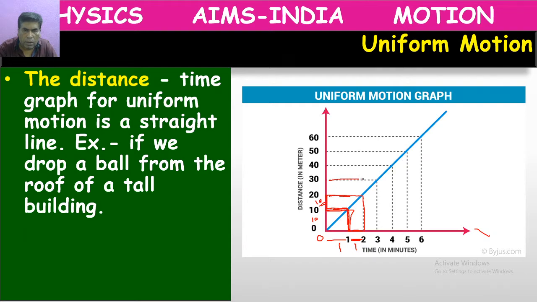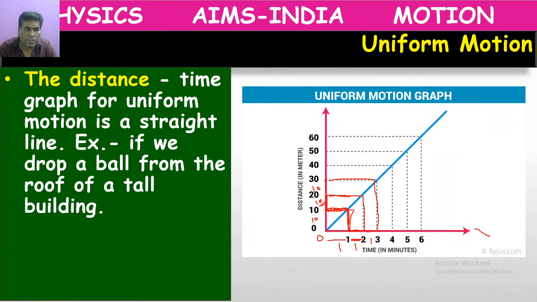Again, if you observe, from 2 to 3, what is the time interval? 1 second. From 20 to 30, what is the distance traveled? 10 meters. Because after 2 seconds, it is at 20 meters. At the third second, it is at 30 meters.